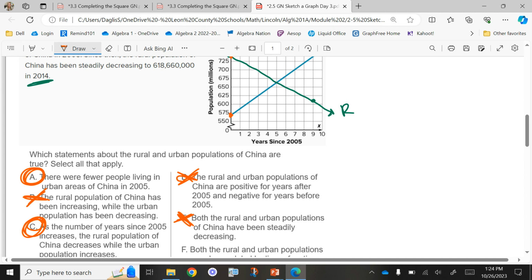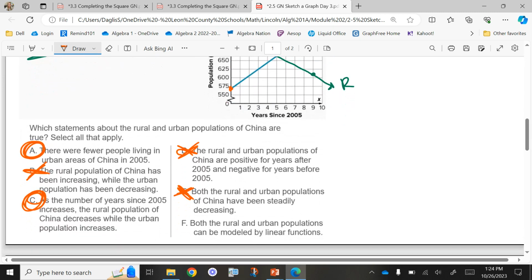No, they have not. One of them was, but urban was increasing. Both rural and urban populations can be modeled by linear functions. Yes, good. Okay, so listen, I know there's lots of words, and I know that freaks you out. You gotta take it one step at a time. Okay? Read one, see if it's true or not. Totally make them separate problems.